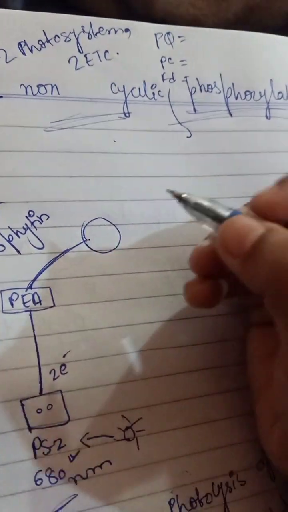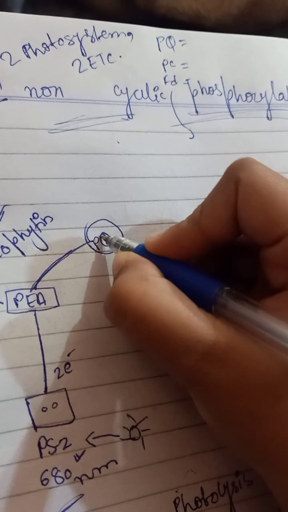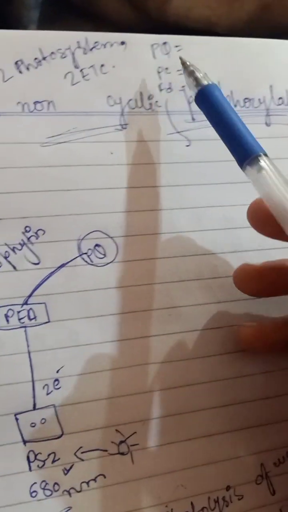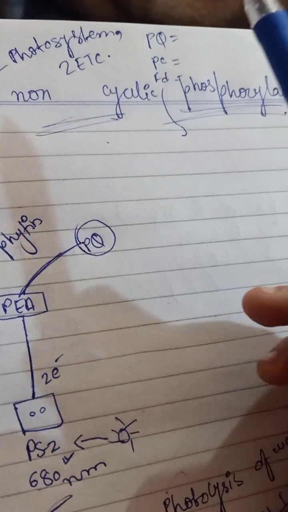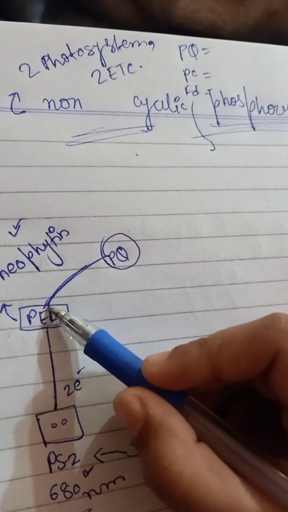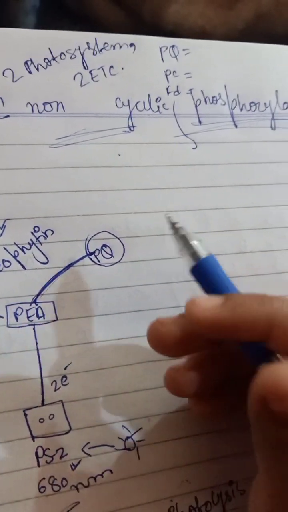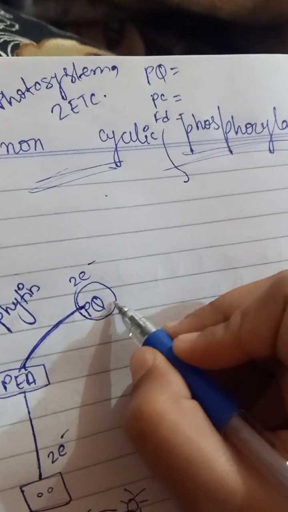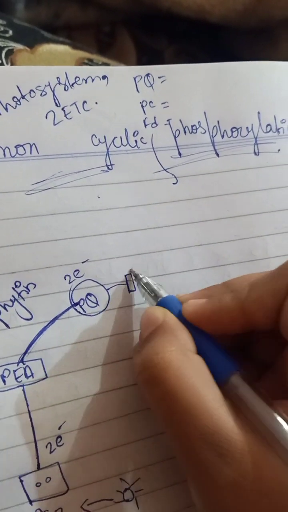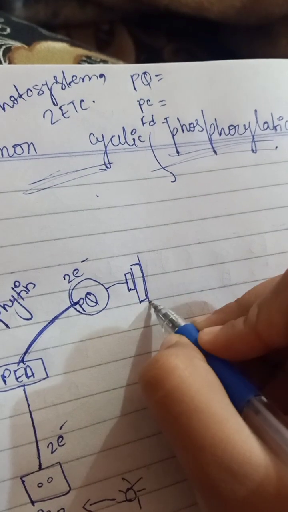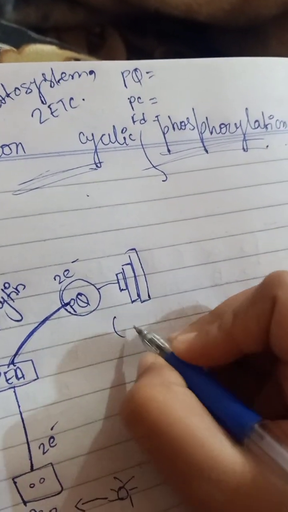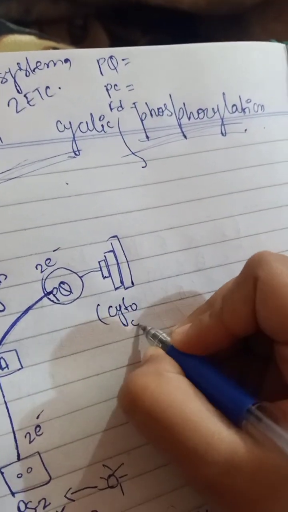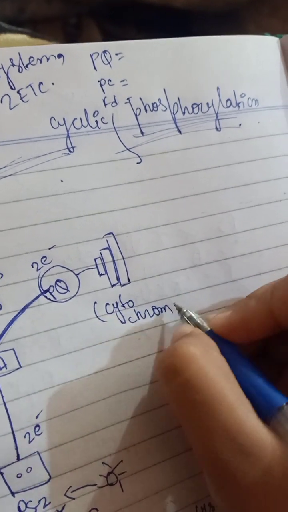The electrons move first to PQ, the plastoquinone. After that, the electrons pass through a pump-like structure called the cytochrome complex.